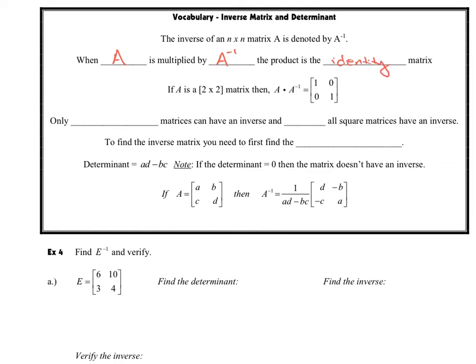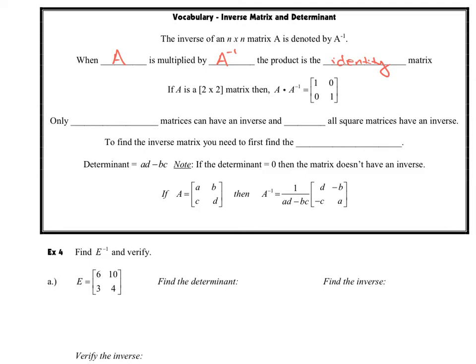Now, an identity matrix is a matrix that looks like this right here. An identity matrix has 1s on the diagonal and 0s in all the other places. Now, these identities are going to be important because if we multiply something by the identity, it doesn't change its value.